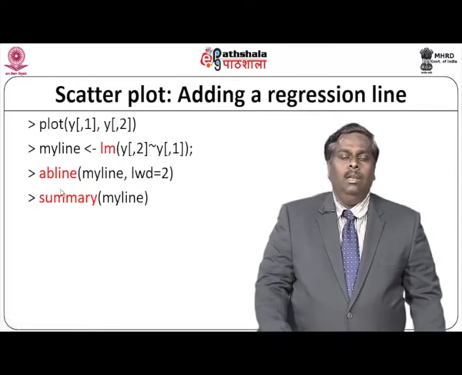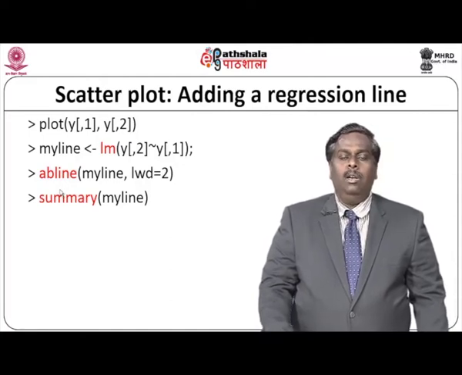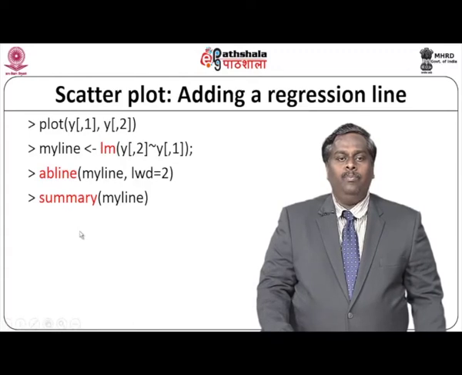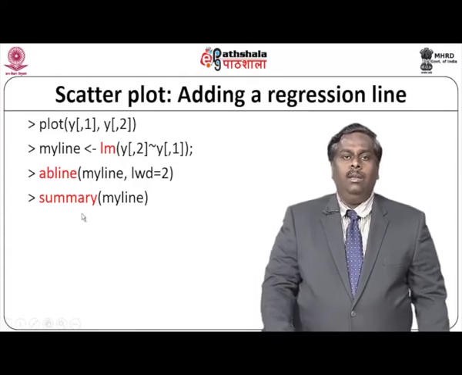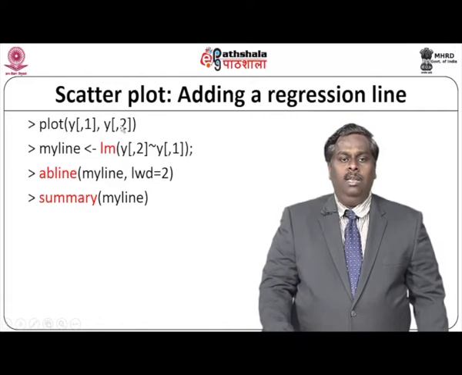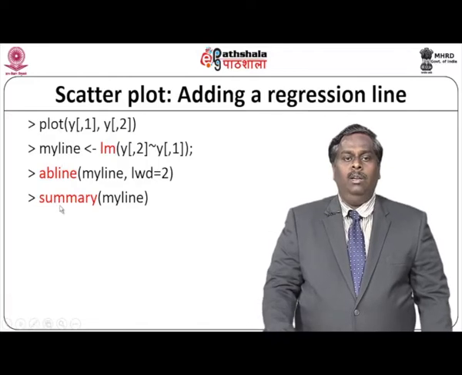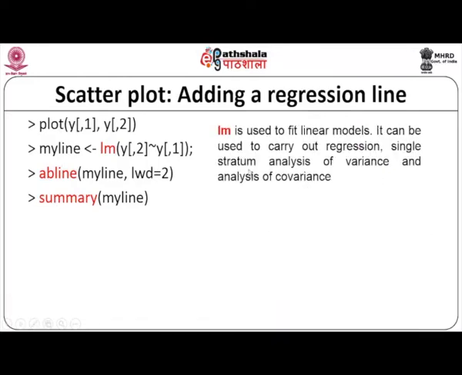And finally, if you want to get a summary of this linear regression model, you can call the function called summary. The summary will generate summary statistics about the given regression model and the straight line which has been fit. If you run these commands, the LM command, ABline command and summary command, first a chart will be displayed, and how the linear model is fit is decided based on the LM method.